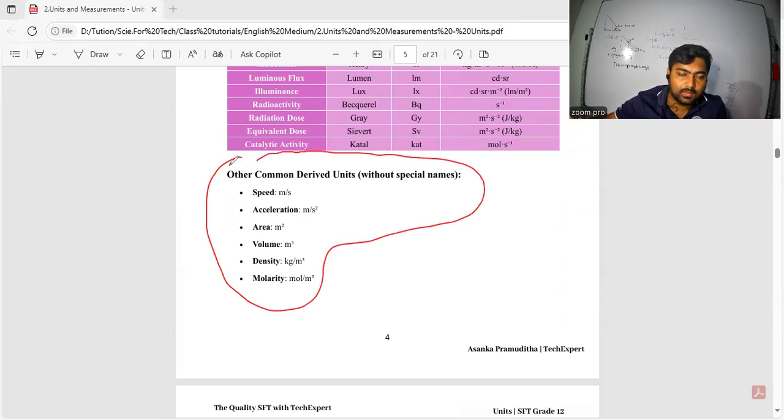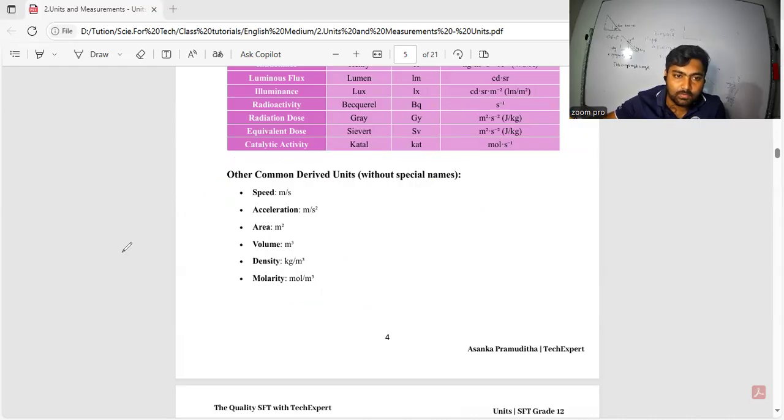Okay. Then write the second topic as derived units without special names.